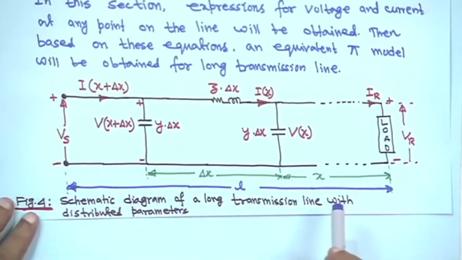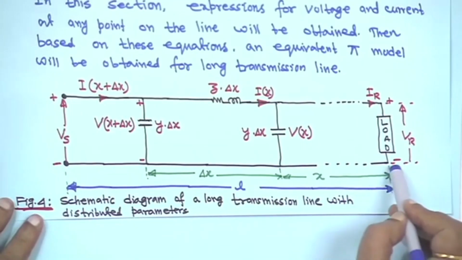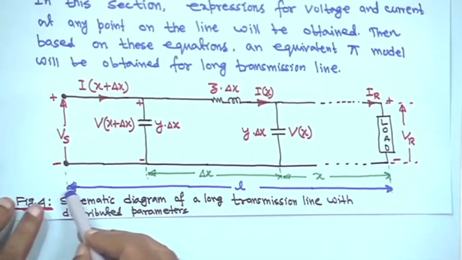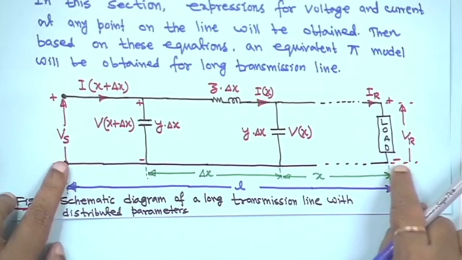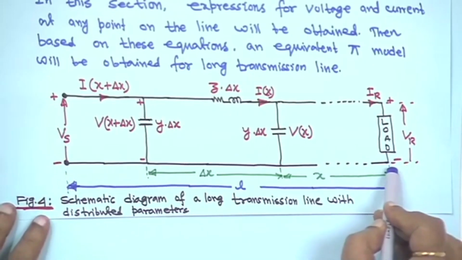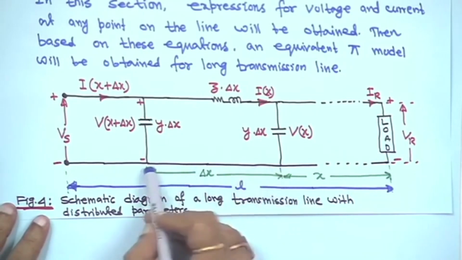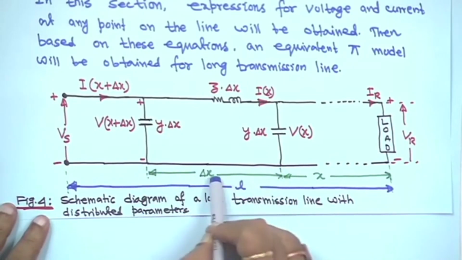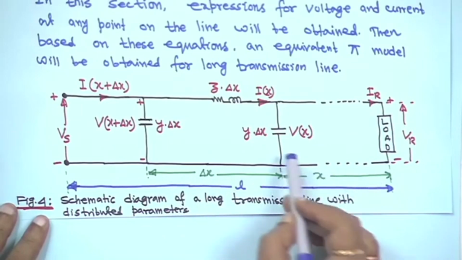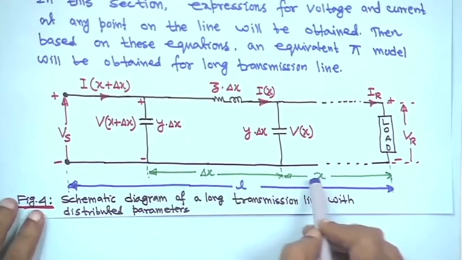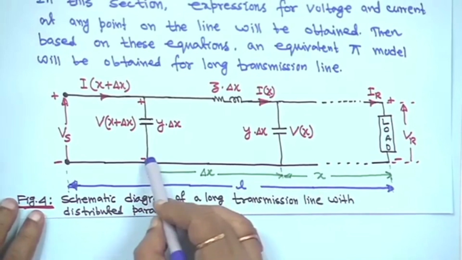The total line length from here to here is L. From the receiving end, at a distance x, we are considering a very small increment, delta x. So this is x and this is x plus delta x.